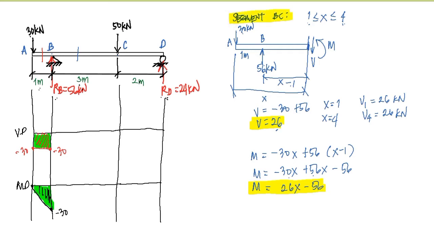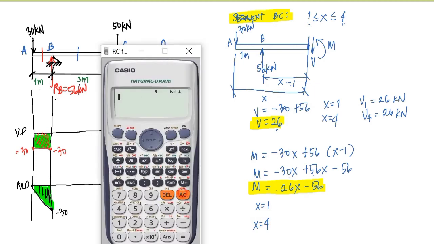Now, in order for us to check whether we got the correct moment equation, what we are going to do is to take the derivative of the moment. So taking the derivative of this, we have the shear is equal to 26, and that is correct. Okay, so at x is equal to 1 and at x is equal to 4, we will determine here the moment at 1 and 4. So what we are going to do is to type the equation, so that's 26x minus 56.